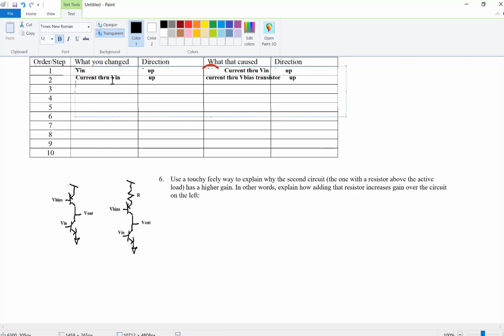And it has a second effect, which is current through R goes up. If current through R goes up, then VE of the top transistor goes down.